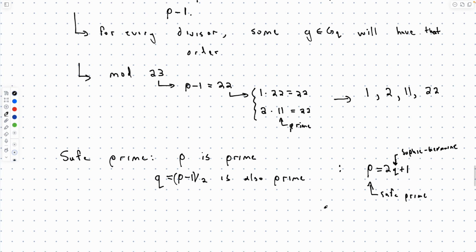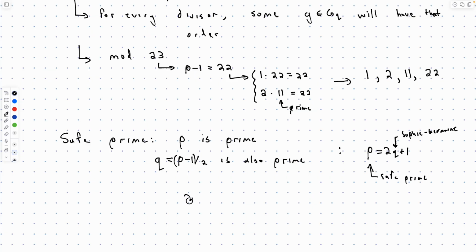So in our case, p equals 23 is safe because (23 minus 1) over 2 equals 11, which is also prime.